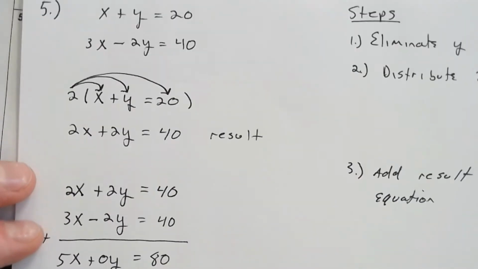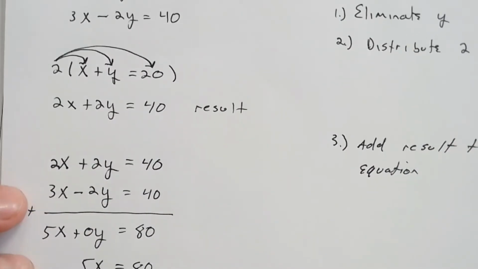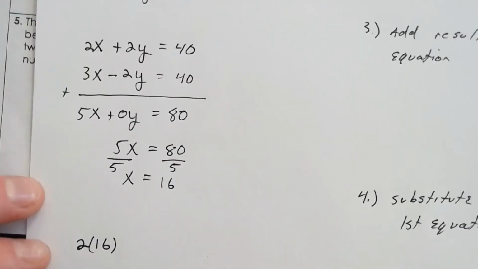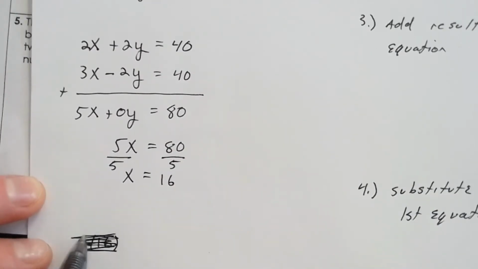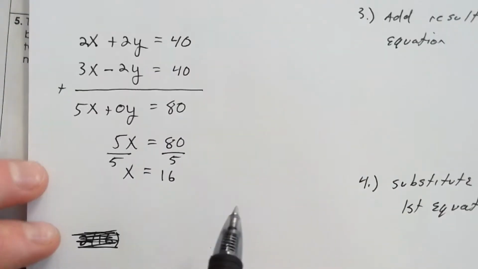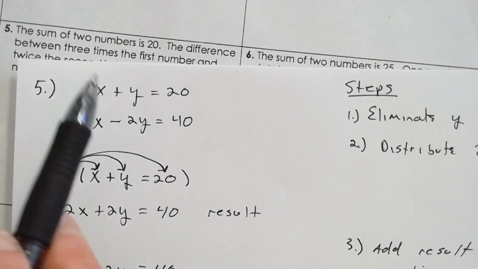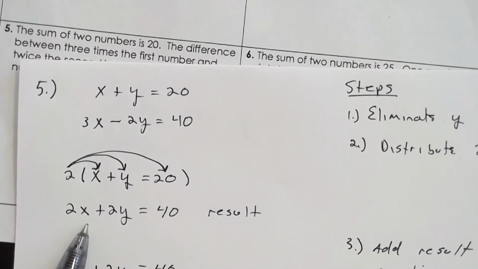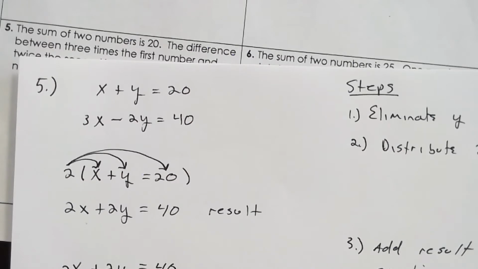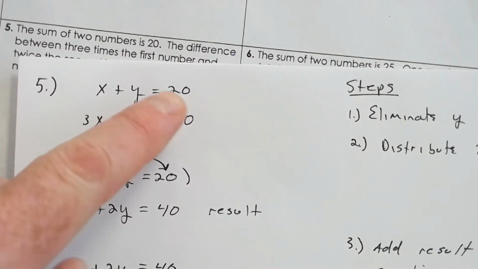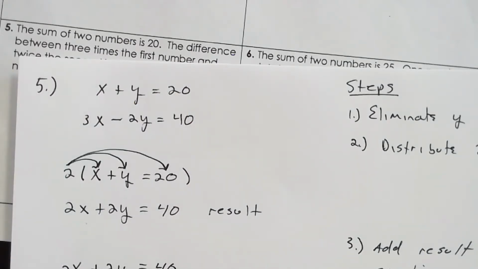no, we're going to substitute this into the first equation, the original equation, okay? So scratch this, and we're going to substitute 16 into the original equation here. I was looking at the result, so let's use the original equation. We can still use the result, but let's just get in the habit of using the original equations. The original equation is x plus y is 20, so we're going to substitute 16 plus y is 20.